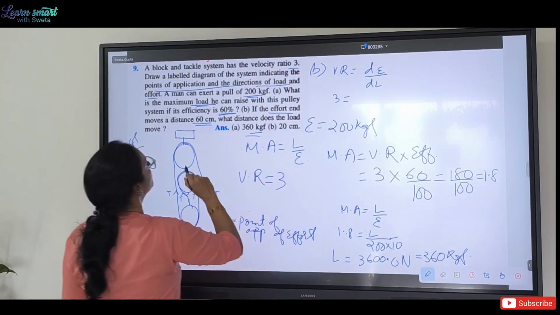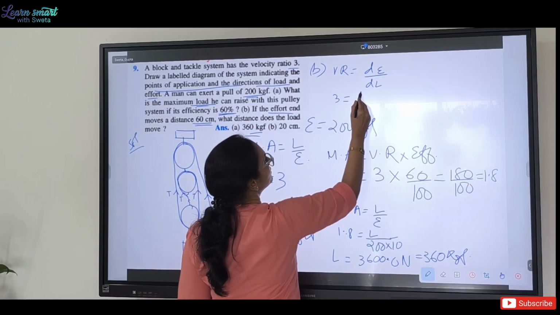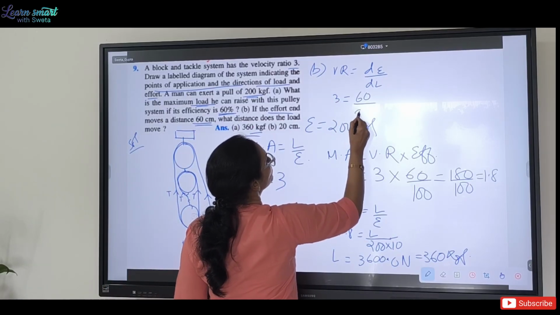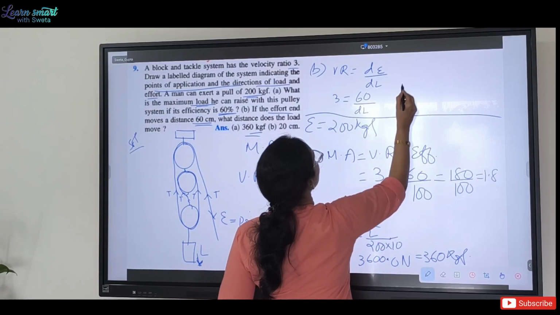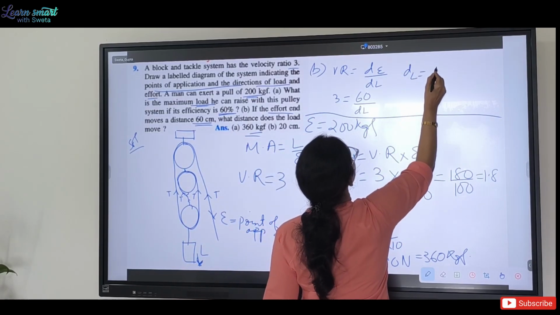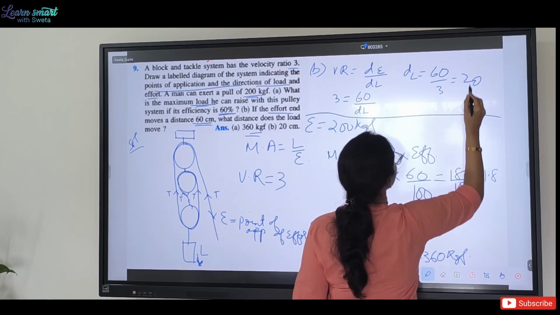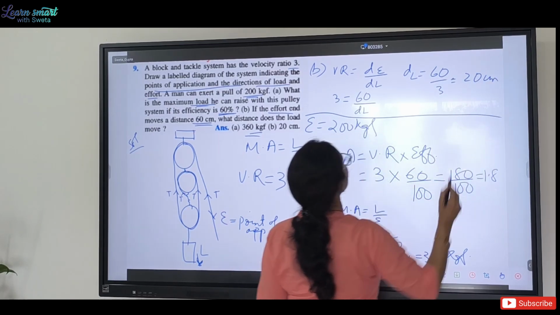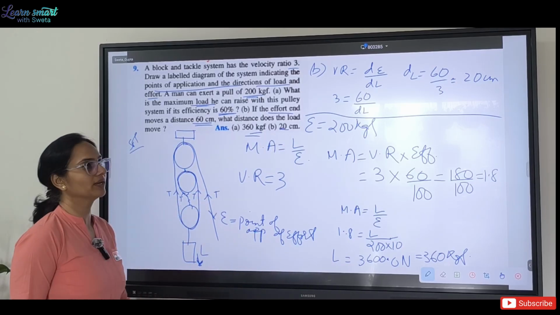So 3 is equal to, and if the effort end moves 60 centimeters, distance moved by the effort is 60 and distance moved by the load we don't know. So distance moved by the load will become 60 upon 3, which is 20 centimeter.